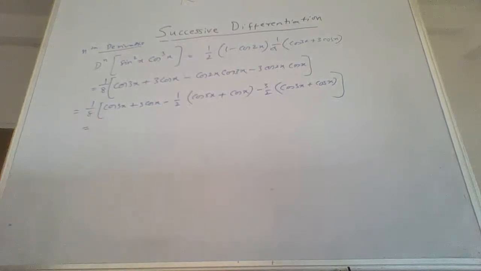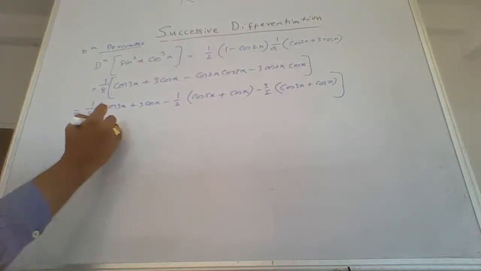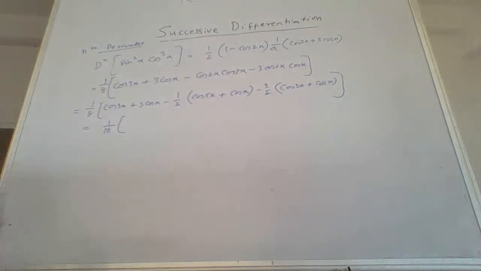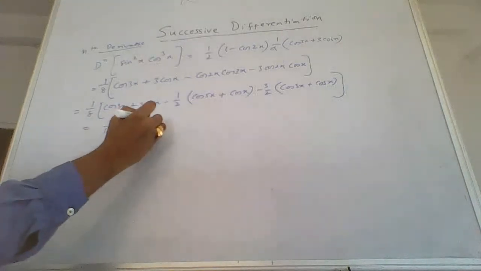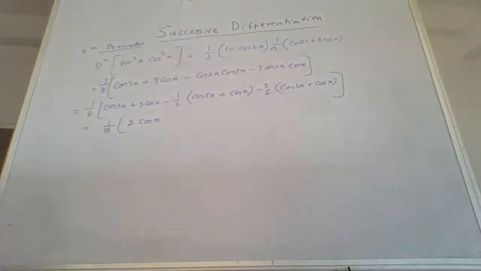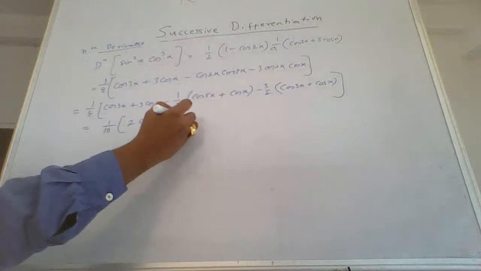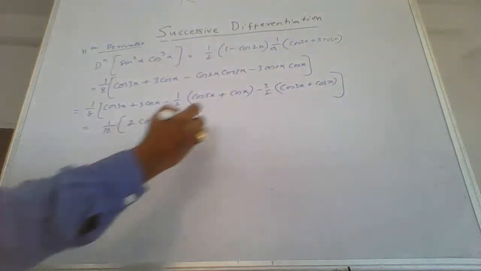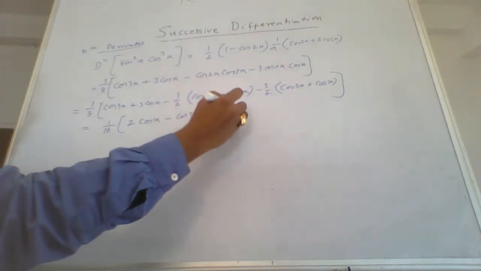So this results in 1 by 16 times that of, if I simplify further, 2 cos x minus cos 3x minus cos 5x.